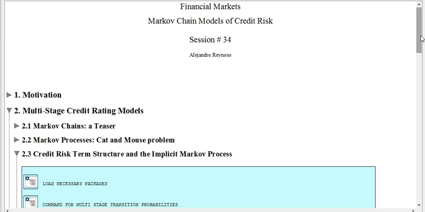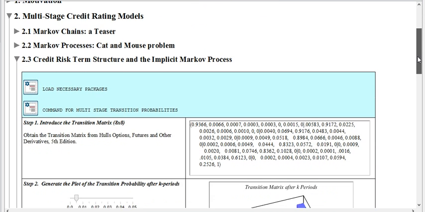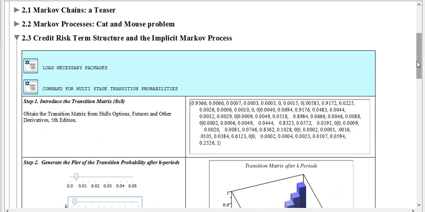depending on the issuer. So it is possible to have matrices that describe the probability of transiting from a given state in terms of credit worthiness to a different state. Here we have one that takes 8 steps in the ladder of credit worthiness from S&P.